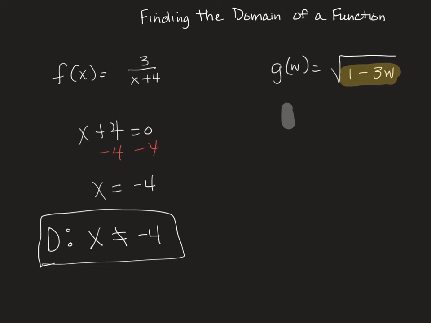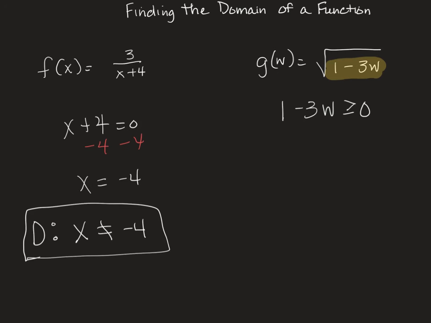Sorry about that, guys. Have the wrong function going. 1 minus 3w is greater than or equal to 0. I'm going to solve for that by subtracting 1 off of both sides. -3w is greater than or equal to -1.